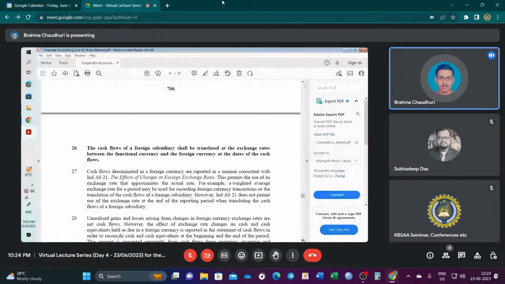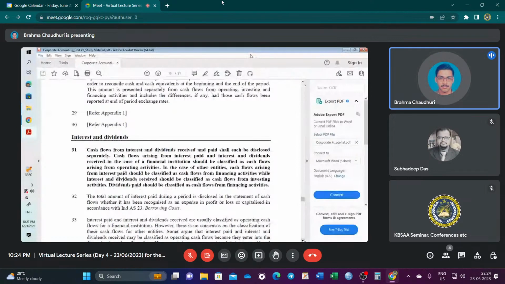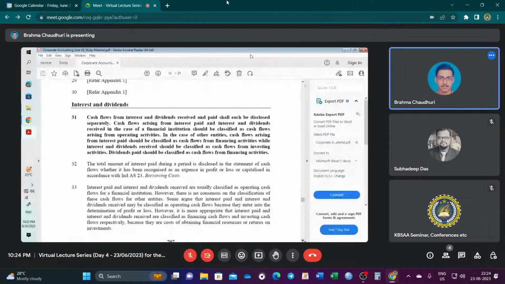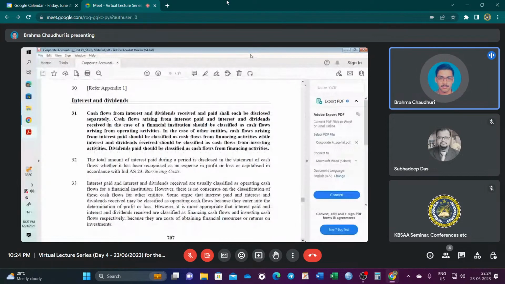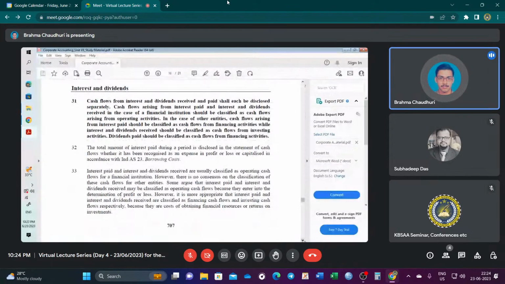So these are some minor points, some fine points which have to be remembered while preparing the cash flow statement. And what I was stating is all stated in para 31 of Ind AS 7, that is, cash flows from interest and dividends received and paid shall each be disclosed separately.